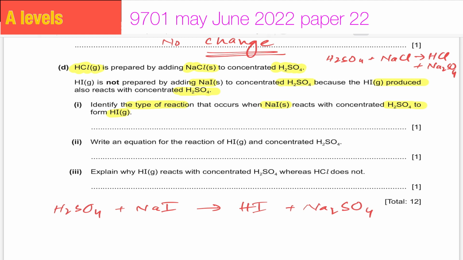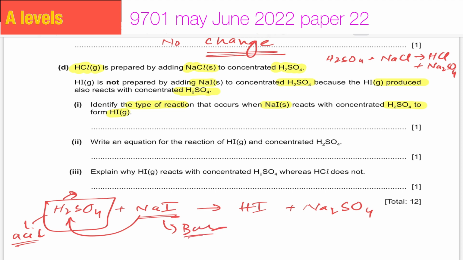In this reaction, sodium is displacing hydrogen from an acid, so it is an acid-base reaction. H2SO4 is acting as an acid, and sodium iodide is accepting a proton, so it is a Bronsted base. So this reaction is an acid-base reaction.